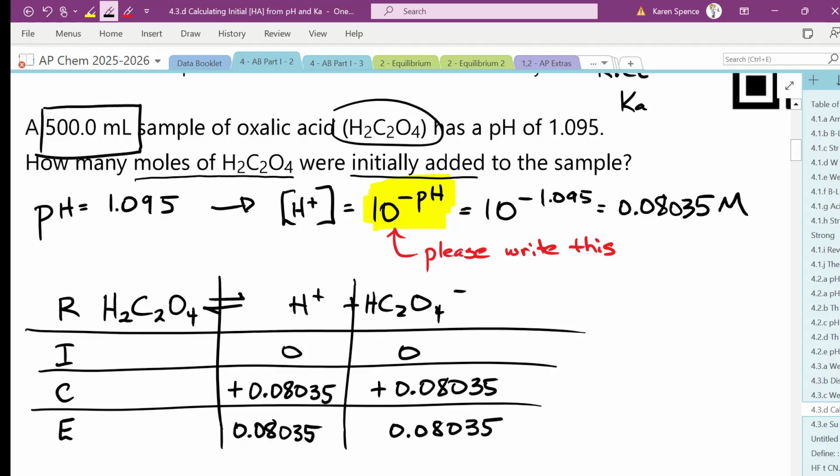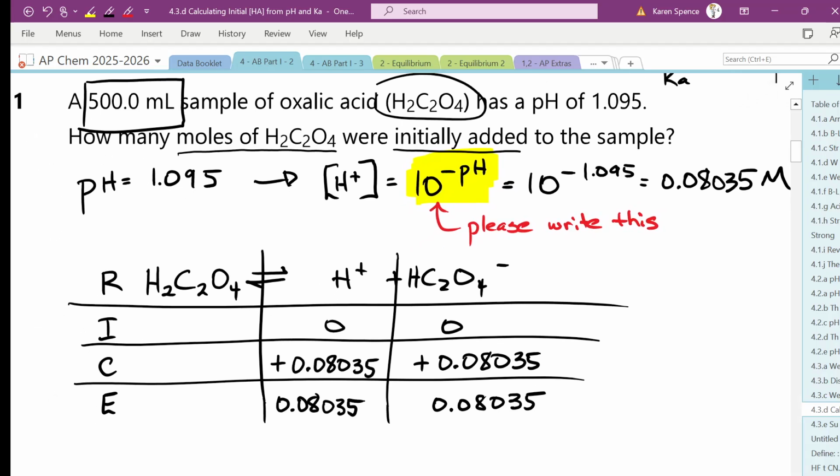All right. Anything else I need? Well, I need my H2C2O4. Can I fill in anything in that H2C2O4 column? I can fill in the change. It's going to go down by 0.08035. Yes. What's my initial concentration? That's what I don't know. You can call this X, or sometimes you can call it CI, which stands for the initial concentration.